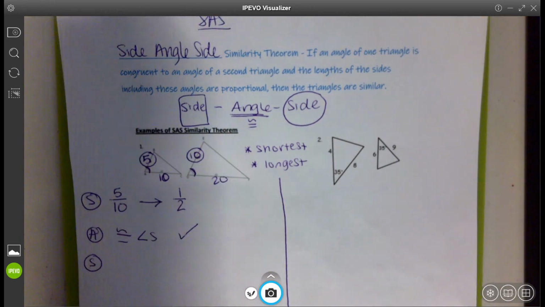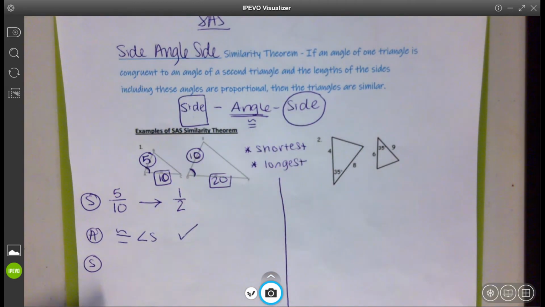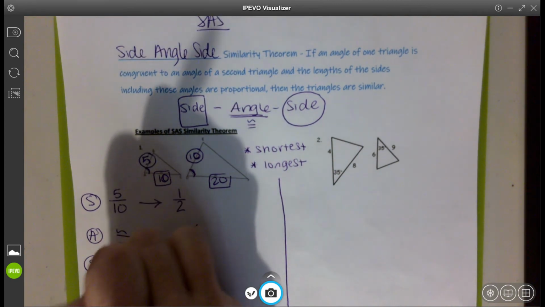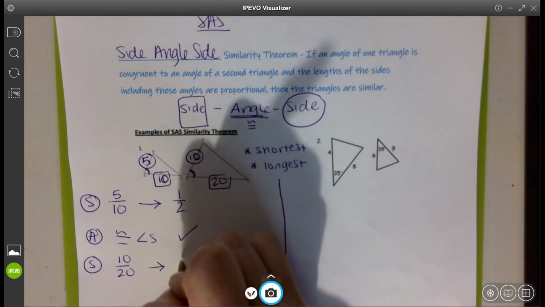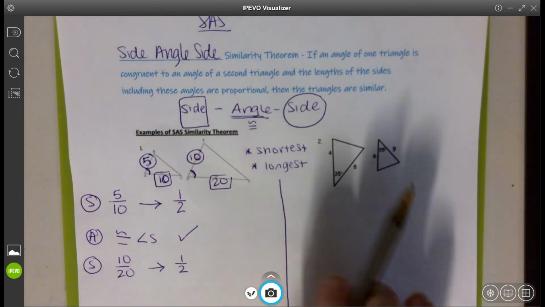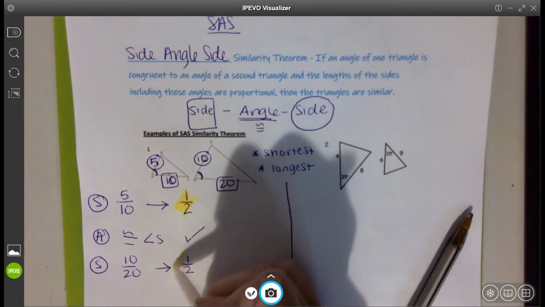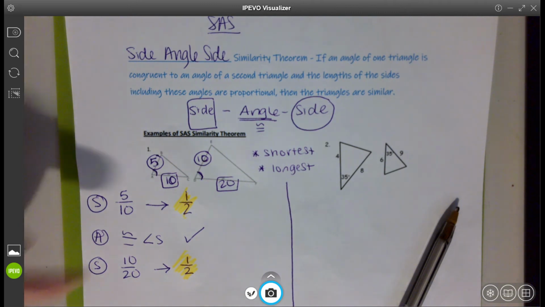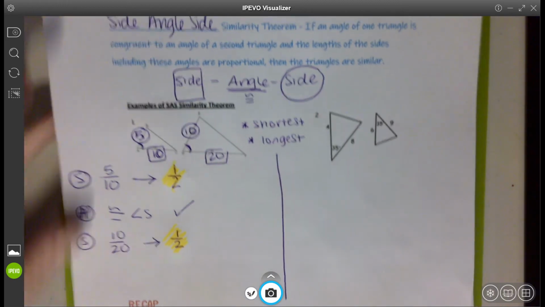Now we're checking the last pair of sides. So I'm going to put a rectangle around them. Again, since we went from left to right, doing the same thing, we're going 10 over 20. Can it be reduced? And the answer is yes. It's going to reduce down to 1/2. So since I have proportional sides, meaning both these numbers end up being the same, and the included angle sandwiched in between is congruent to both triangles, then these two triangles are similar.